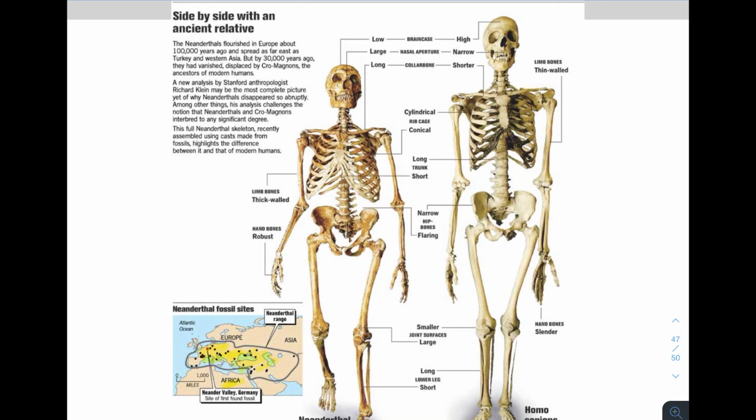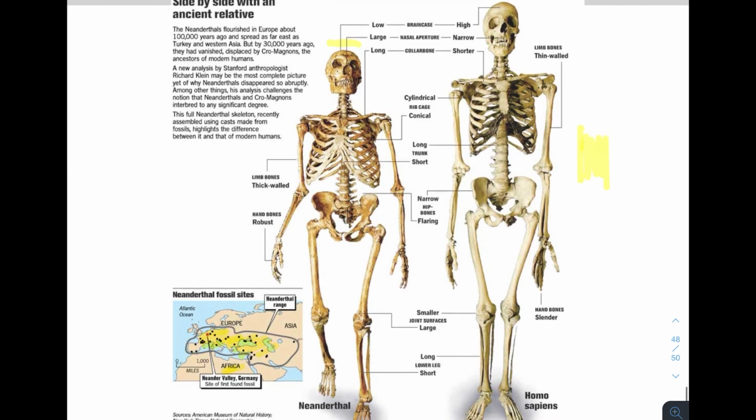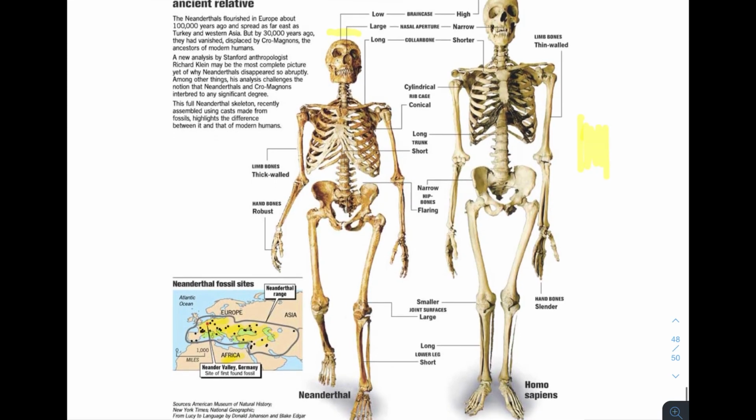You can see that the Neanderthals were a bit stouter in stature, a bit stouter and tougher and bulkier in terms of their anatomy. Homo sapiens did end up thinning out their skeleton, so we do see this slendering of the skeleton, this lightness of the skeleton compared to the Neanderthals, and basically this typically has to do with lifestyle in terms of what they were doing and how much physical activity was necessary for them.